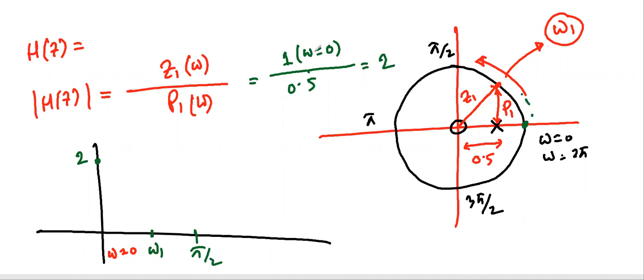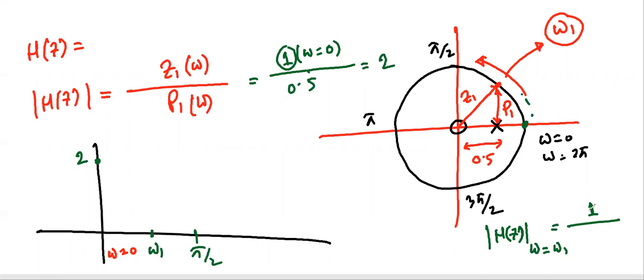So we know that this 1 will remain constant. So that will give the value 1 always. Now what we are trying to find is the magnitude response at the location of omega equals omega 1.